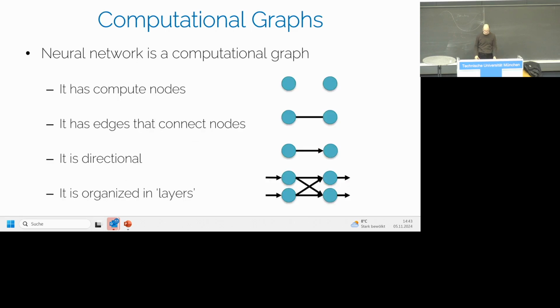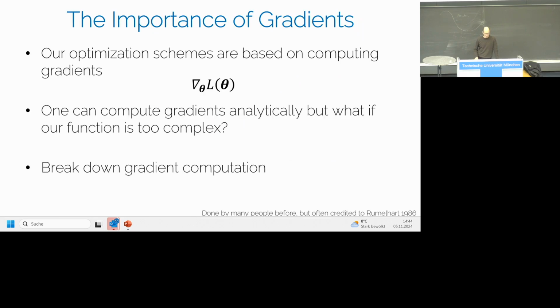We also talked about this idea of compute graphs, that it has nodes, and edges connecting the nodes, and a directional flow of how inputs are processed in the network, and then you would backpropagate through this to train the networks, and this is what we're going to talk about now. We already mentioned the gradient. So you compute gradients, and I'll come to the exact definition of the gradient in a second. The problem is, in practice, you would like to compute the analytical gradient and then maybe set it to 0.